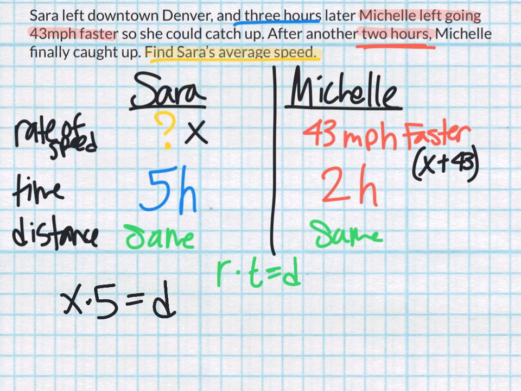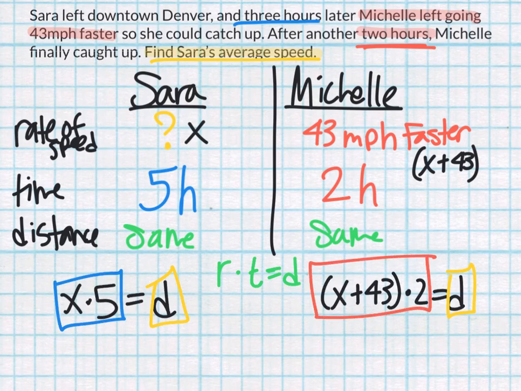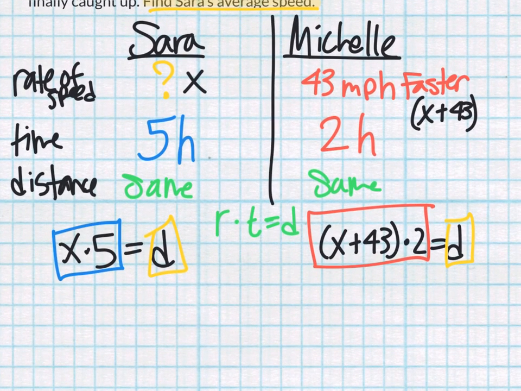For Michelle, I can say that she's going x plus 43 miles an hour times 2 hours for some distance. Because these are the same distance, I can take these two equations, take their other sides, and I know they have to be equal to each other. So x times 5 is equal to the same distance that x plus 43 times 2 is equal to.